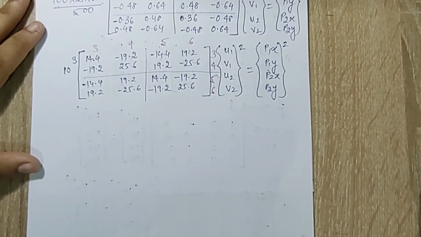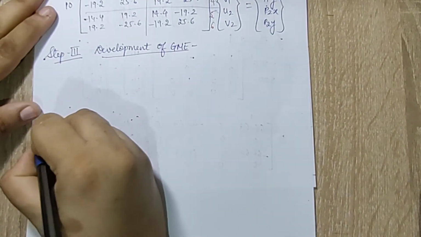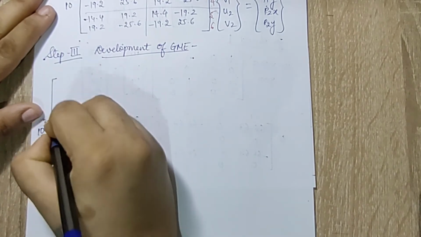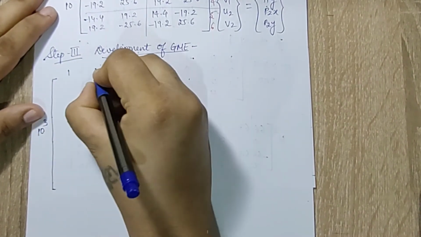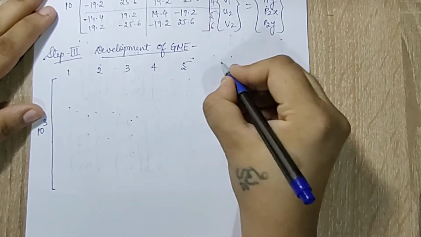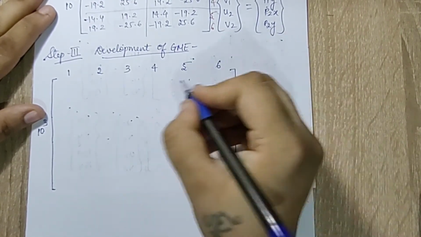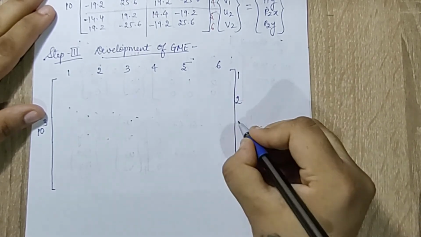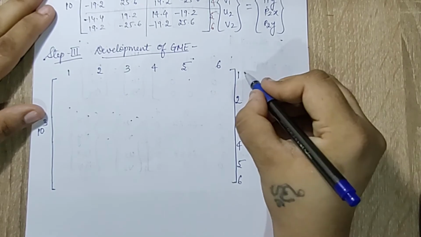Next I'll go for step 3, which is development of GME. For the stiffness matrix, I'll have a 10 raised to 3 outside. Now since the degree of freedom, the maximum value is 6, I'll have 6 nodes over here. So I'll write down 1, 2, 3, 4, 5, 6. And here again I'll have 1, 2, 3, 4, 5, 6.